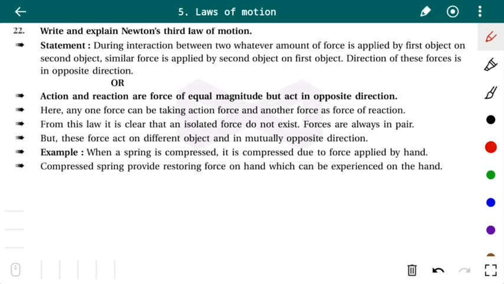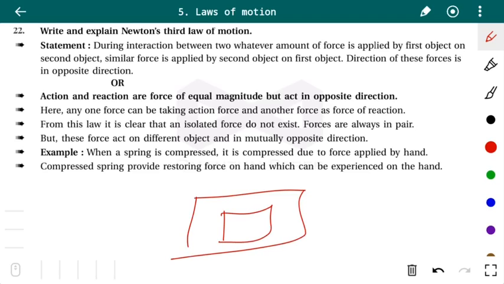From this law, it is clear that an isolated force does not exist. Forces are always in pairs. As we have seen, suppose a book is on the table and it is stationary. That does not mean that no force is acting on it.